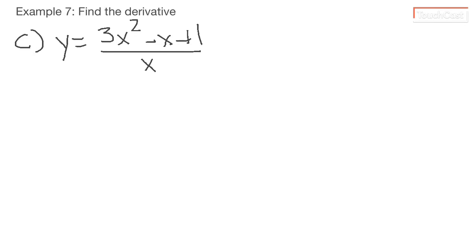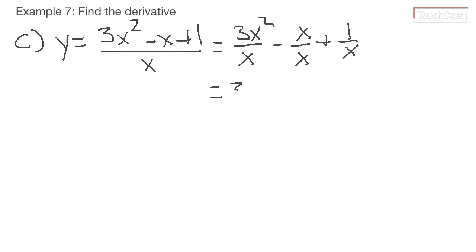Now, what I'm going to do is rewrite this, and it's going to look kind of funny because I'm going to take each term and put it over x. So we're going to have 3x squared over x minus x over x plus 1 over x. And then I'm going to simplify the terms I can simplify. So 3x squared over x actually just simplifies to 3x.